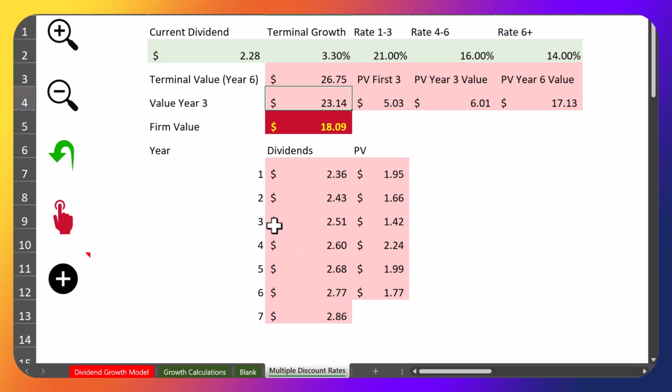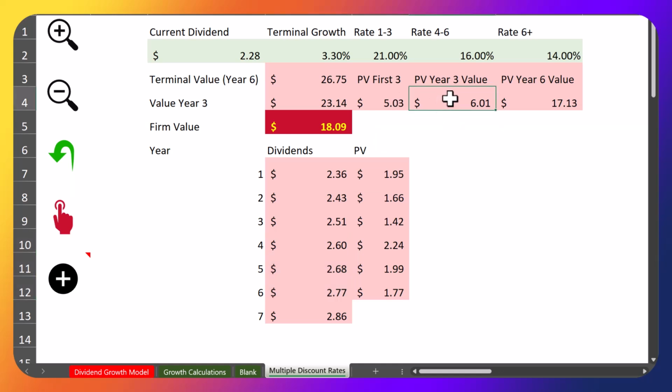Then I'm going to come back to the end of year 3. At that point, I'm going to have 3 of these dividends, and I need to discount them at 16%. Plus, I'm going to get the terminal value at the end of year 6 as well. That also needs to be discounted at 16%.